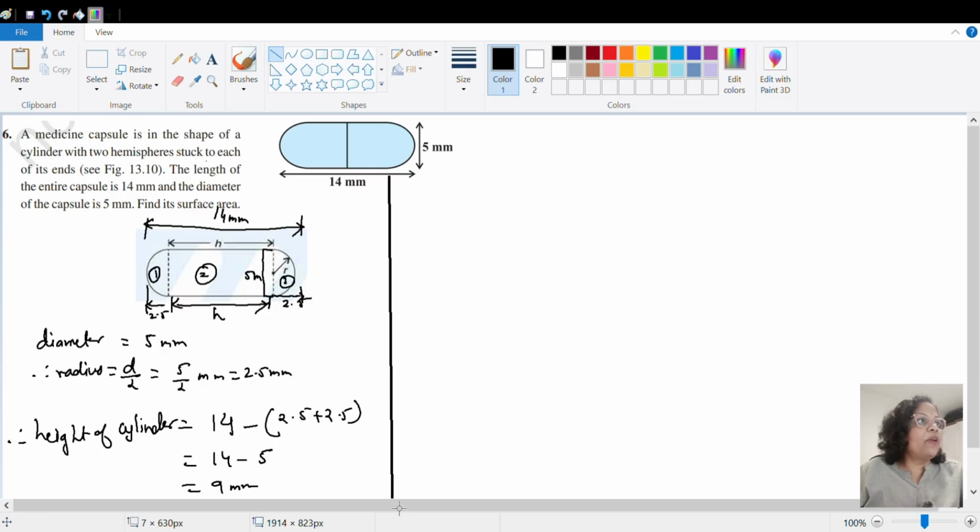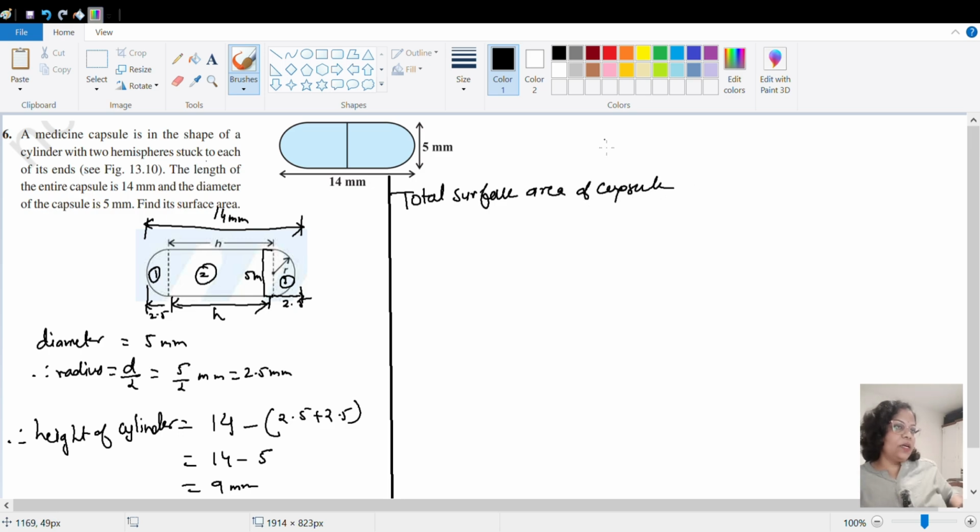Now let us see how you will proceed here. You have to find the total surface area of the capsule. So the total surface area of the capsule is equal to 2 into the surface area of a hemisphere.